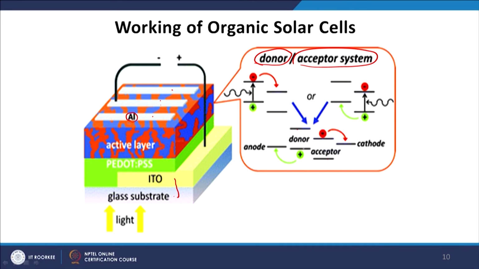When light falls on it, the light passes through here, and the electrons are excited from the ground state, the HOMO, to the LUMO level of the donor, and those electrons then transfer to the acceptor. From there they go to the cathode. What is left at the donor is the hole, and it goes to the anode. Using the outside circuit, it comes from the anode to the load, and the electron which comes to the cathode also goes through the outer circuit, and you get a current in the output.